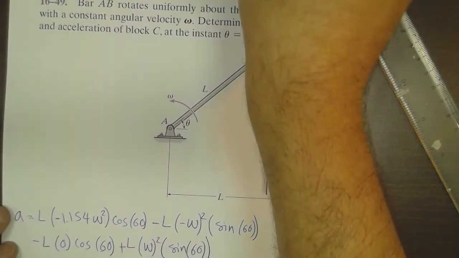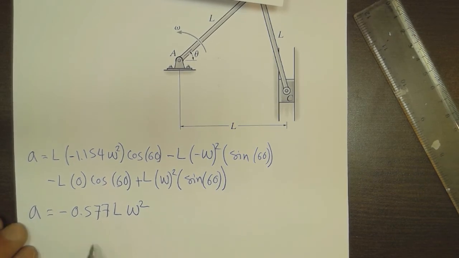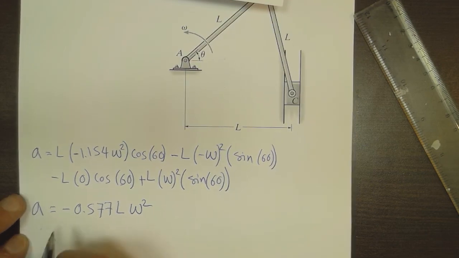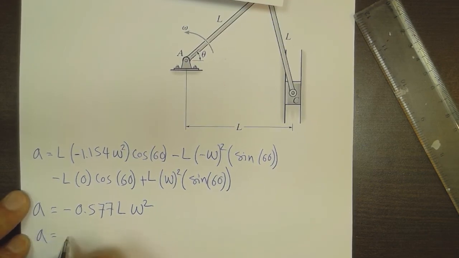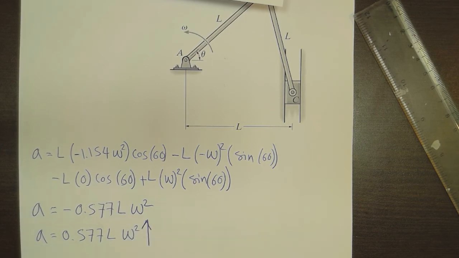The direction of the acceleration is in the direction of the velocity. So we can write this down again: a is equal to 0.577 L omega squared, in the upward direction.